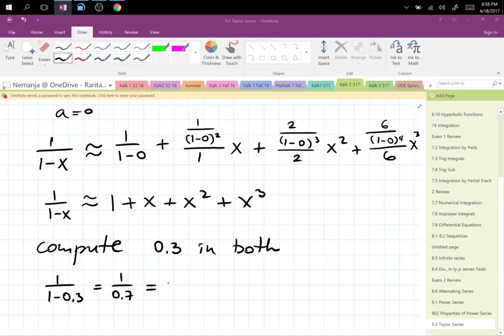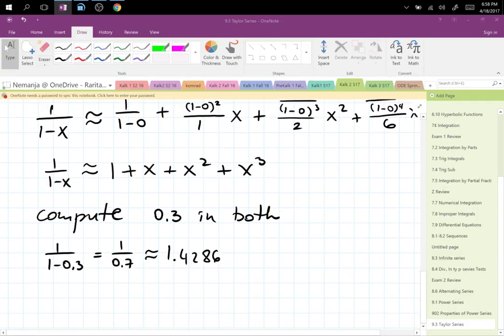Luckily, you're using your calculators to compute this. So this is about 1.4286. How about that? 4 decimal precision.